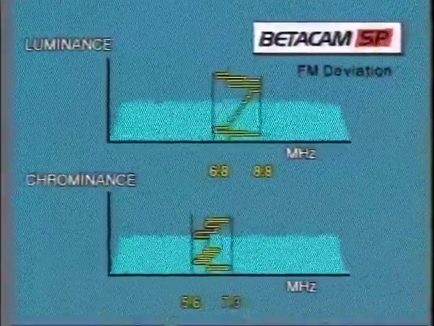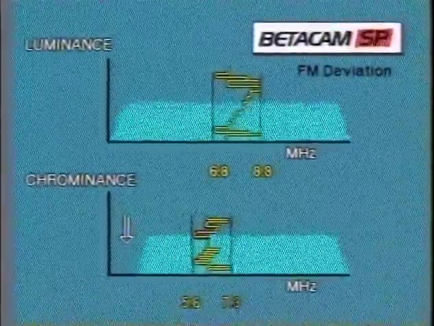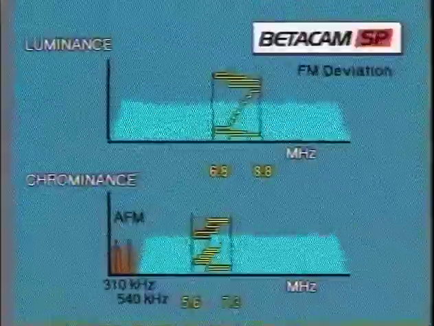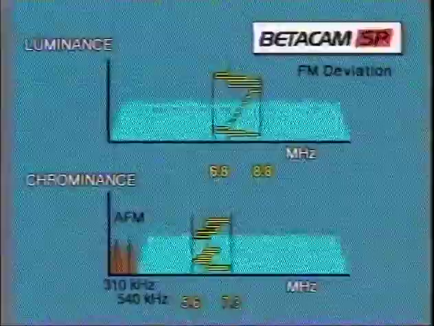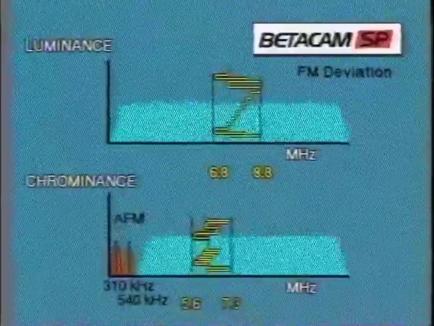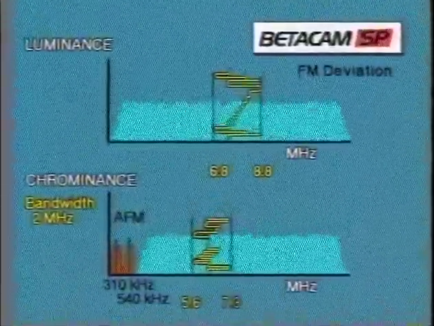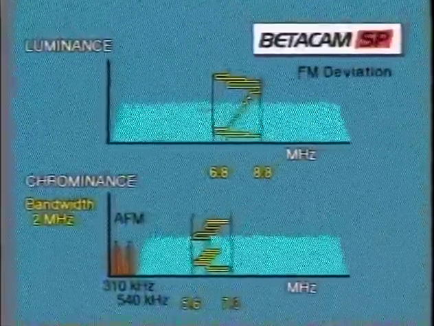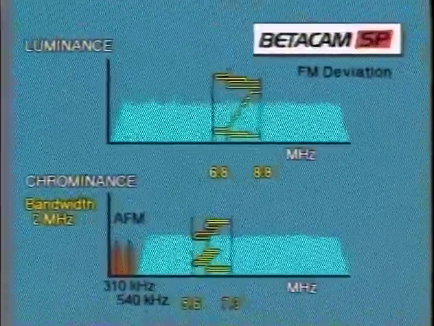In the chroma channel, 2 AFM carriers can now be installed here at 310 and 540 kHz. They form audio channels 3 and 4. Of course, other improvements, such as an increase in chroma bandwidth from 1.5 to 2 MHz, have accompanied this increase in frequency, thereby enhancing the overall performance of SP machines.